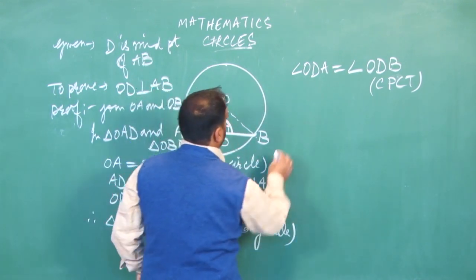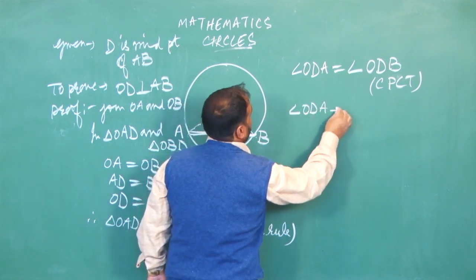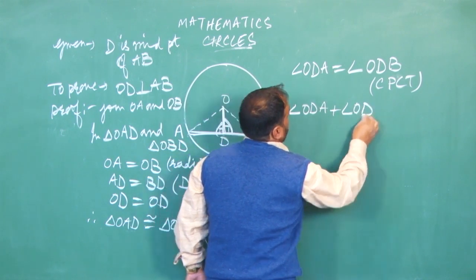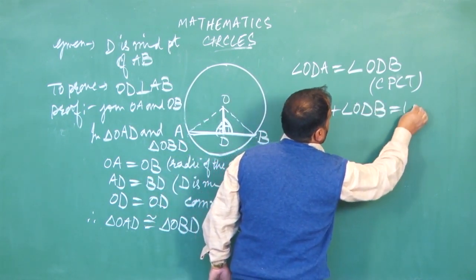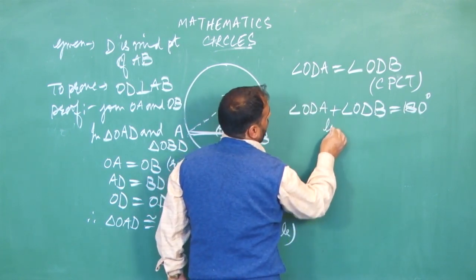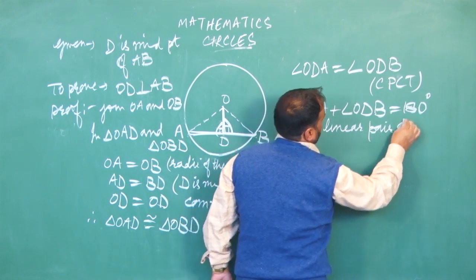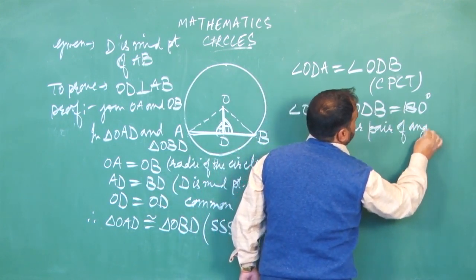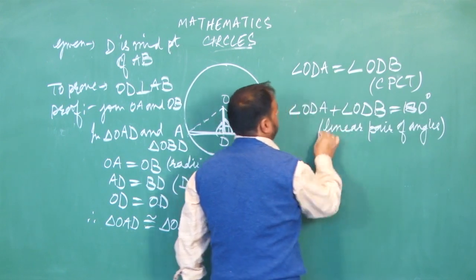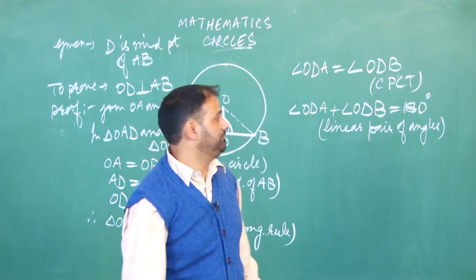So, angle ODB and angle ODA, their sum is equal to 180 degrees, and the reason is that these form a linear pair of angles. Linear pair of angles are always drawn on a straight line, and both angles happen to be adjacent angles.